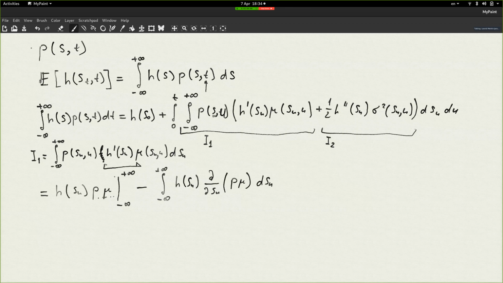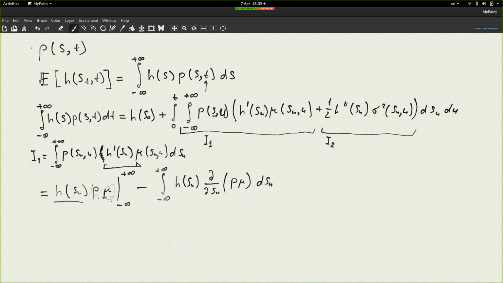What can we say about the first term? You remember that our function h is what? It is 0 at both plus infinity and minus infinity, right? Whereas the function p and the function mu, we can't assume that mu is bounded at infinity, but we can say that p mu, because p is the probability density which decays at infinity, we can assume that p mu itself is bounded at infinity.